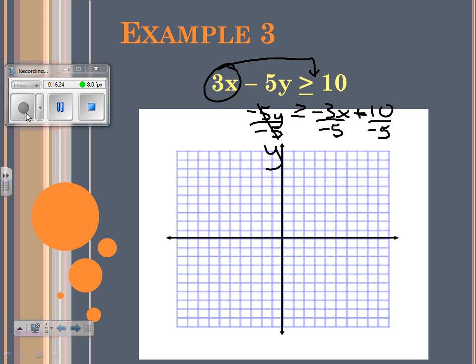The rule says when we multiply or divide by a negative, you must switch your greater than or less than sign. Do y'all remember that? Everybody agree we're dividing by negative 5 here, here, and here? So this becomes less than. Keep going, Wes.